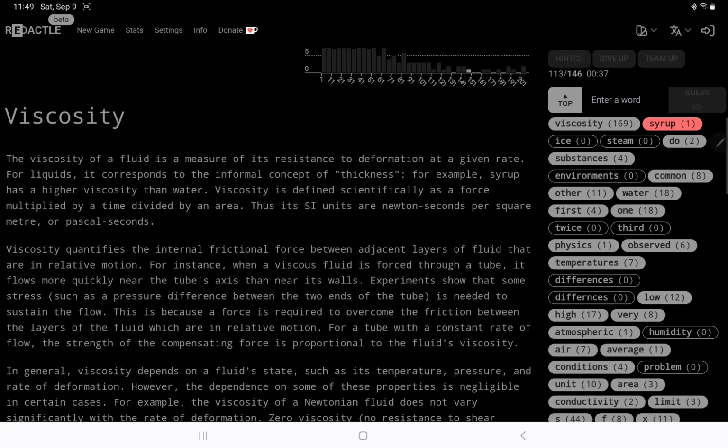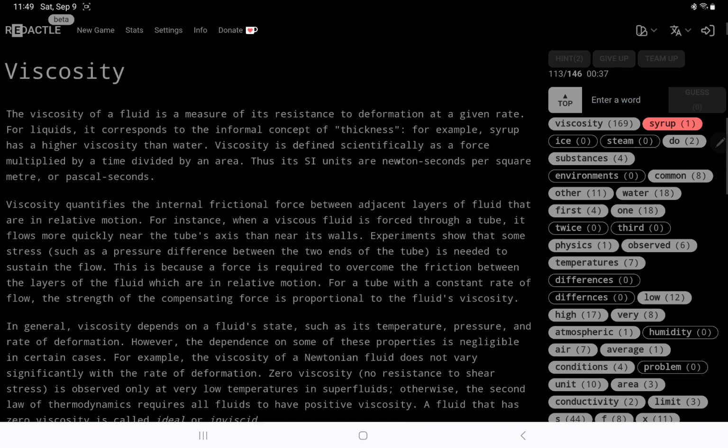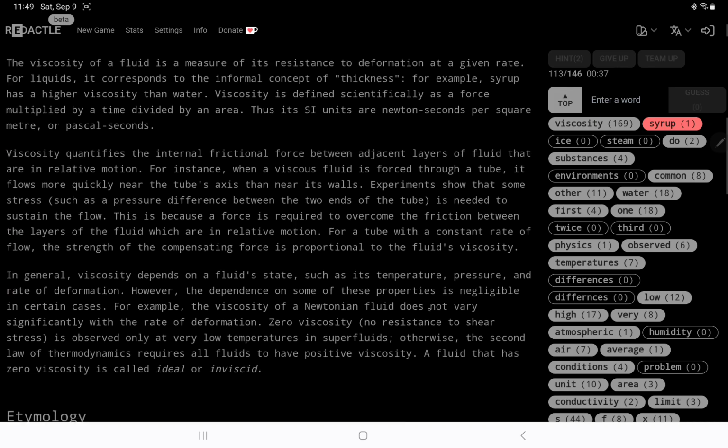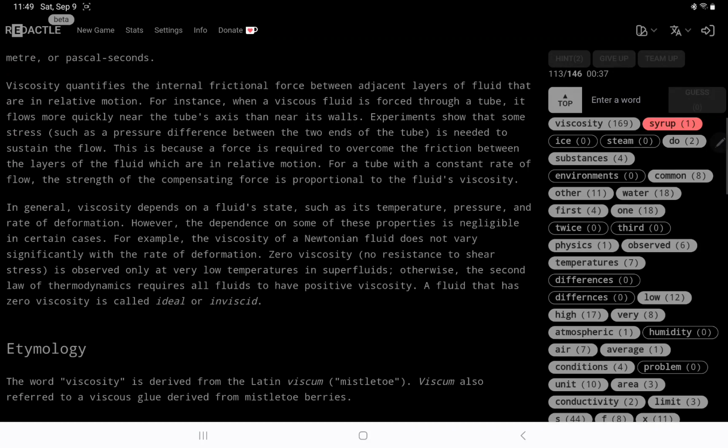Scientifically, as a force multiplied by a time divided by an area. Newton seconds per square meter, or Pascal. I should have thought of Pascal. And what were the things about the tube? Had the tube's axis, so I presume that's near the center than near its walls.